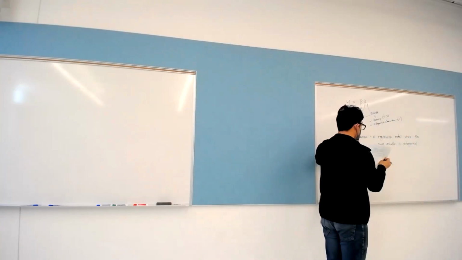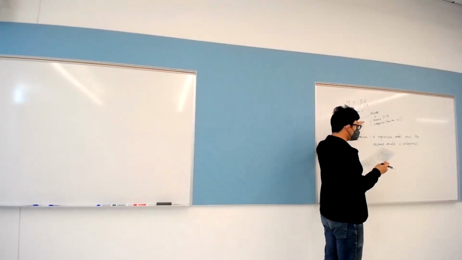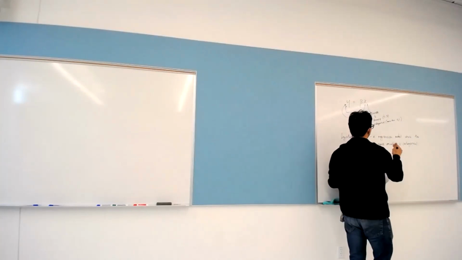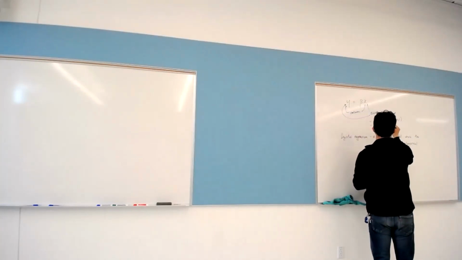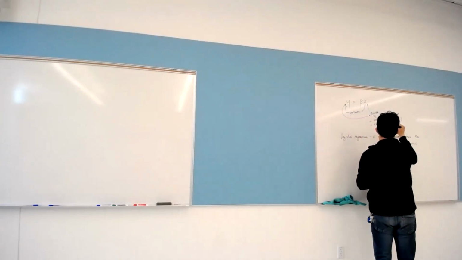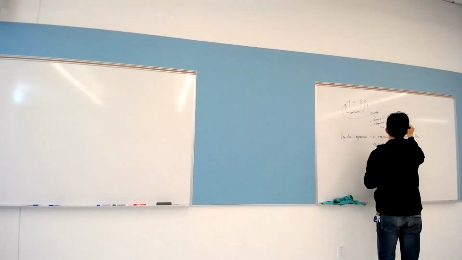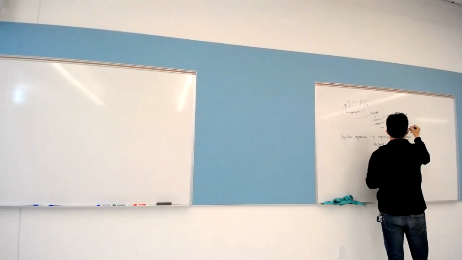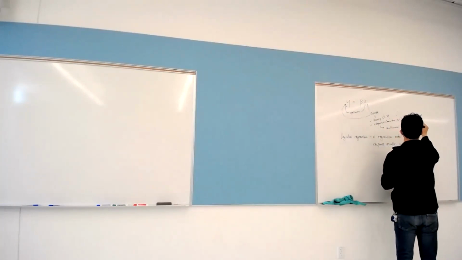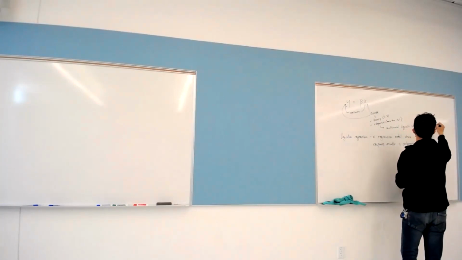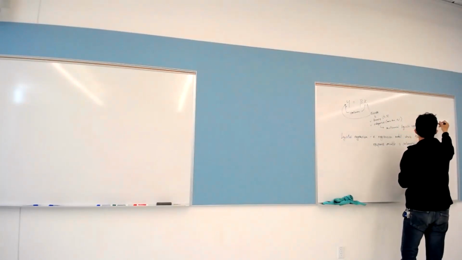So again, our simplest example is going to be for binary outcomes, and then we'll extend this to multiple outcomes. This is going to be known as a multinomial logistic regression, also known as an MNL.